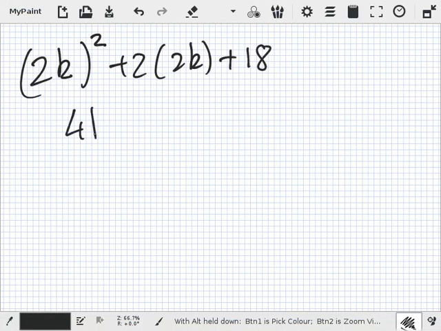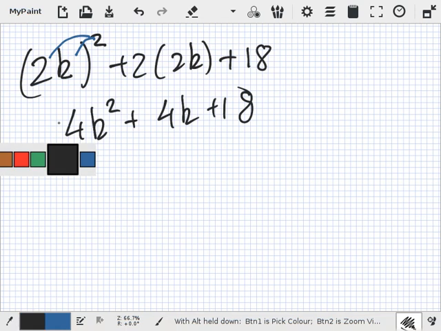This would be 4k squared plus 4k. Would that be 4k squared? Yes, the square goes on both of these. I'm going to call that R1. Why do you think I'm calling it R1?